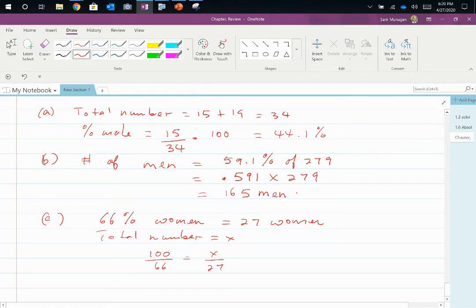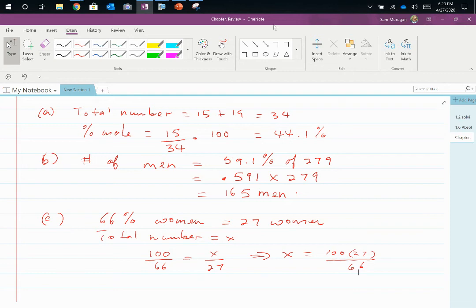So x, the total number, is equal to 100 times 27 divided by 66.